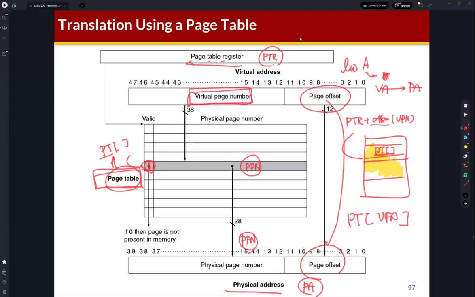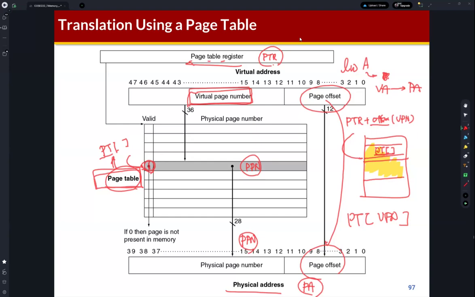I explained that the page tables are generated by operating systems when a binary code, the thread, is launched by the operating system. This page table is just a software data structure. It is just an array.